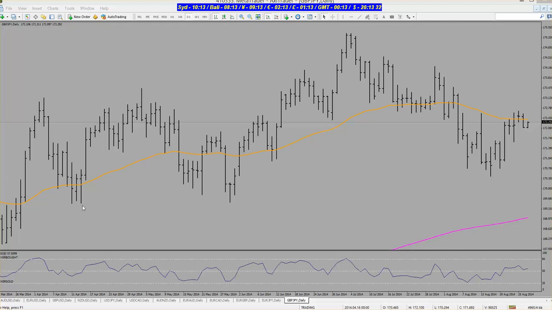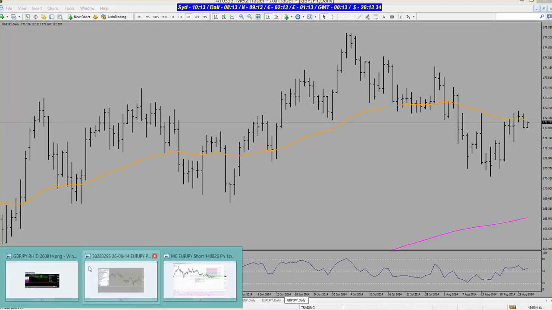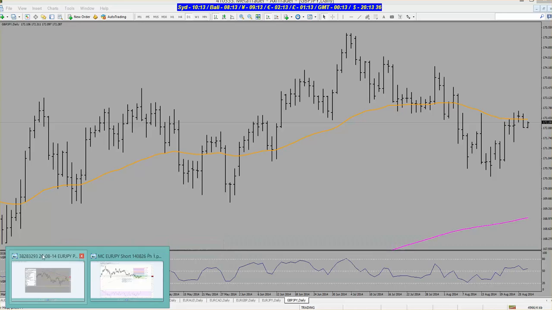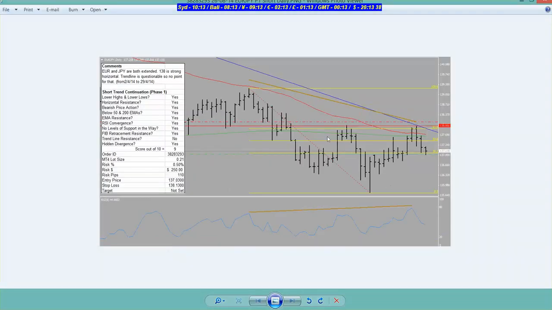Euro yen, these two came in from yesterday. Start with this one. Must have just got triggered in. Stops above there, 138 resistance level. Bearish hidden divergence. It's come back to the 618.